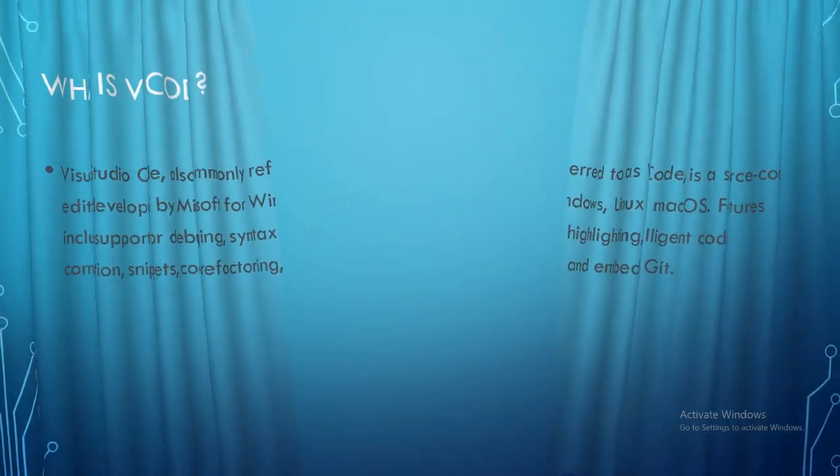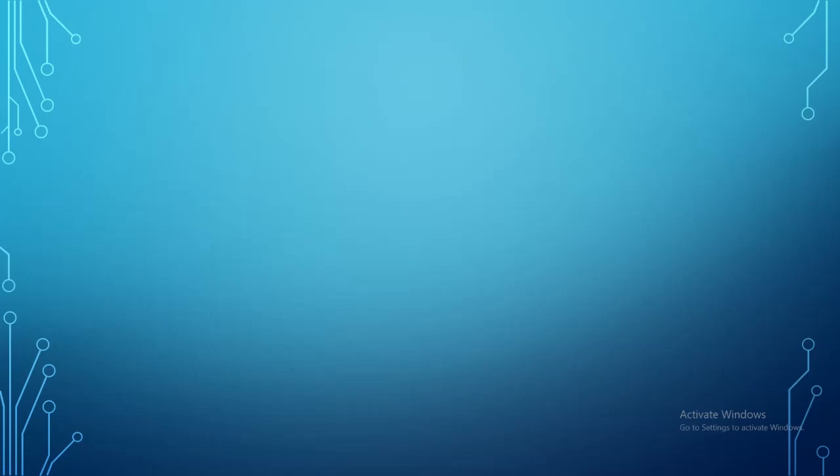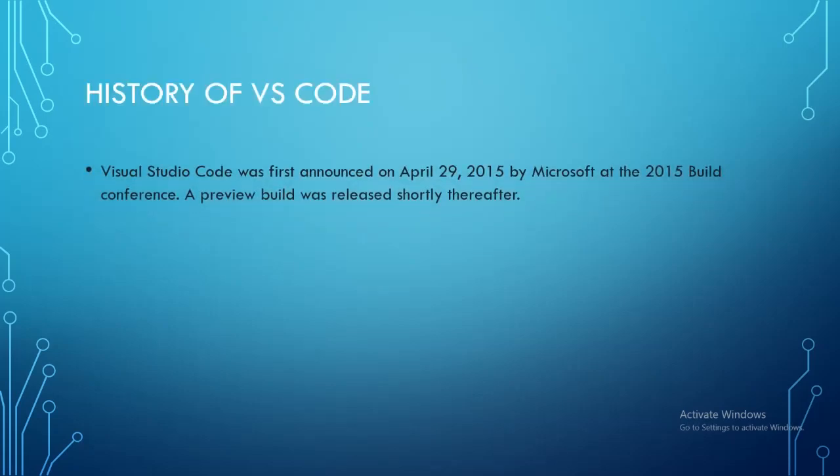Next, in VS Code, we are going to learn the history of VS Code. Visual Studio Code was first announced on April 29, 2015 by Microsoft at the 2015 Build Conference. A preview build was released shortly thereafter.